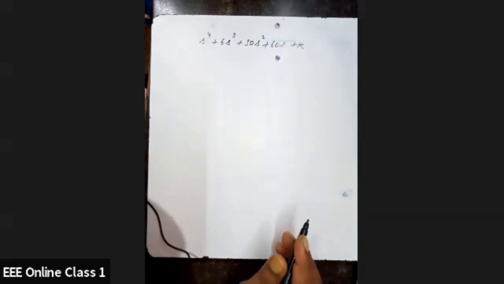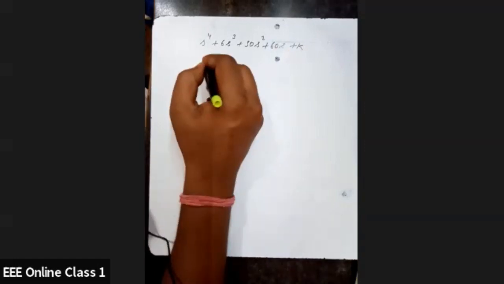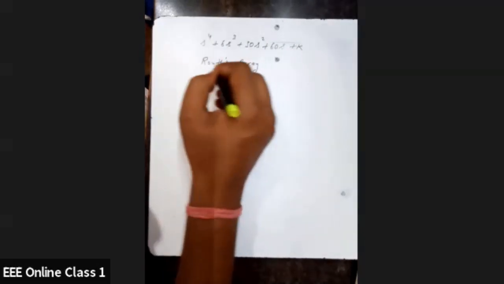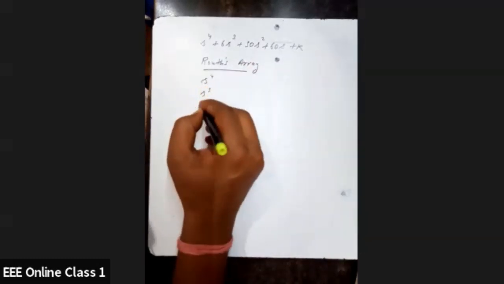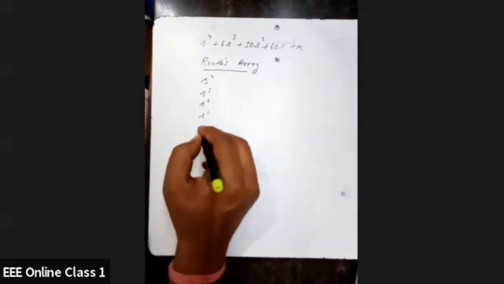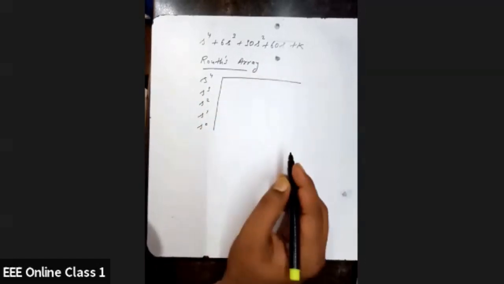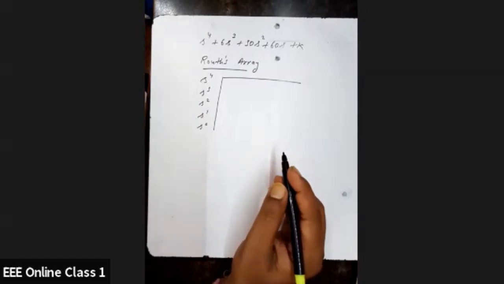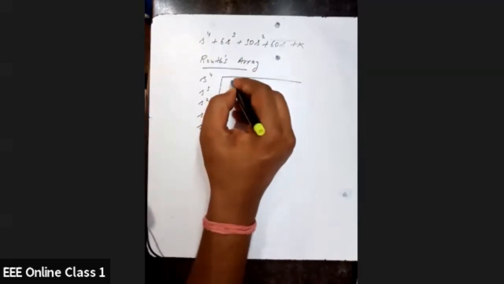Now we know that first we have to make Routh's array. So let us make Routh's array. Now let us fill all the elements of Routh array. 1 S4, 1 will come here.